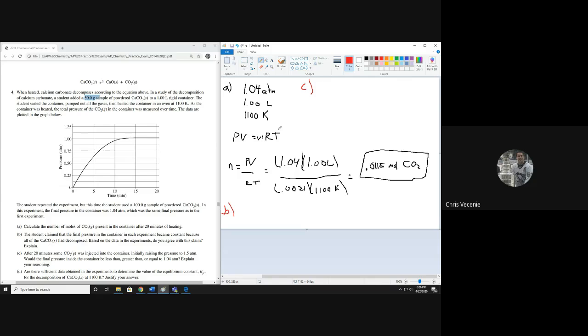All right, so into question C. C says, after 20 minutes, we injected some CO2 and we initially raised the pressure up to 1.5 atm. Would the final pressure inside the container be less than, greater than, or equal to 1.04? Explain your reasoning. All right, Alexandra, what do you think?